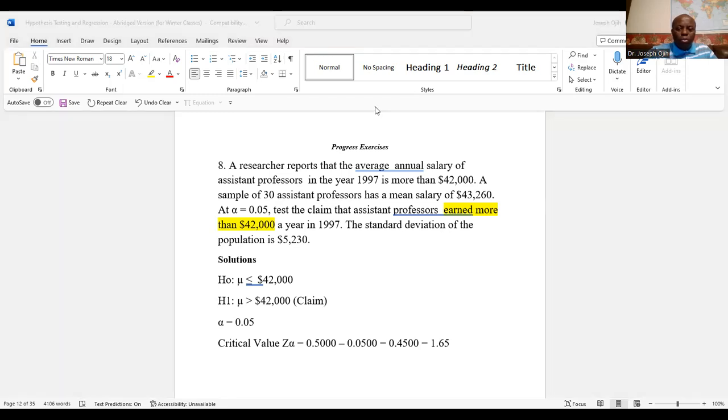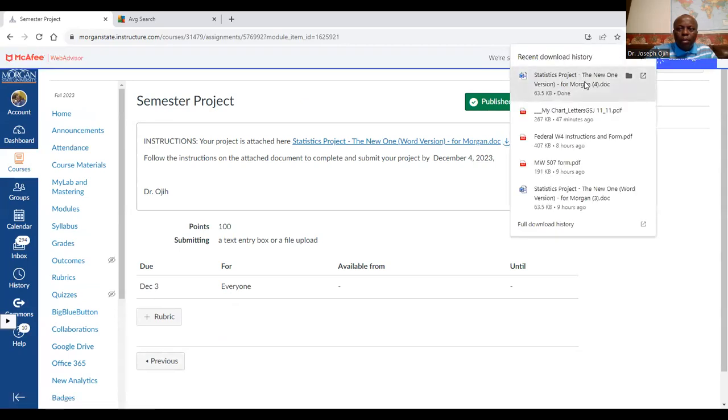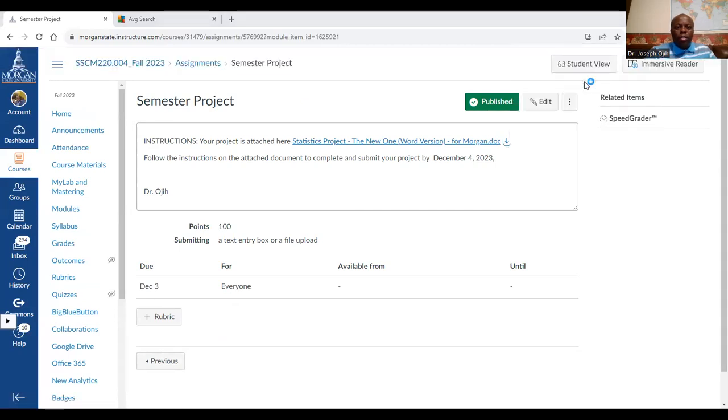Let me show you something. Let me open it. See, this part. Now the first one, list the data.